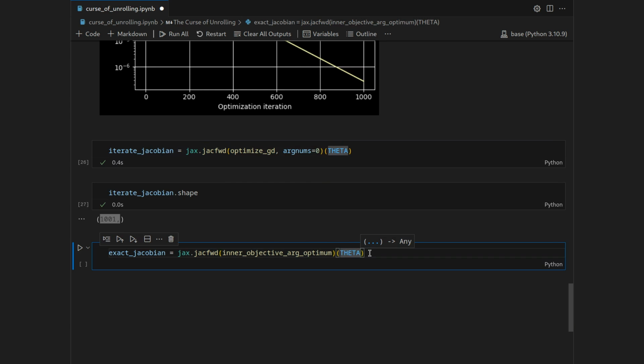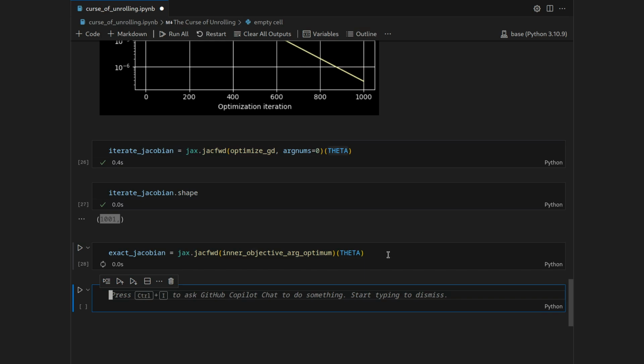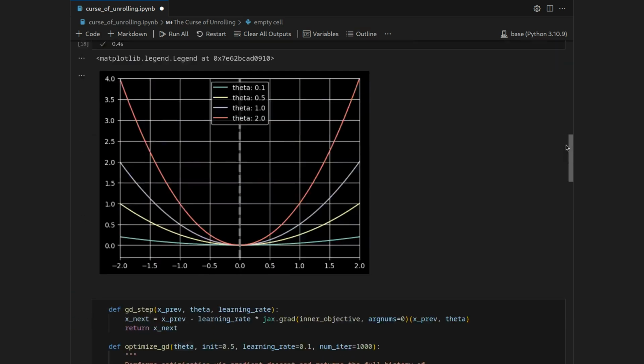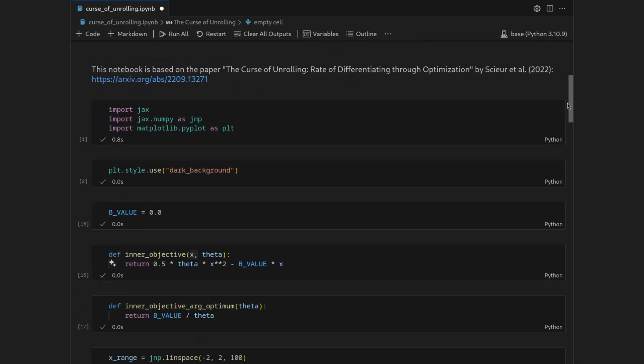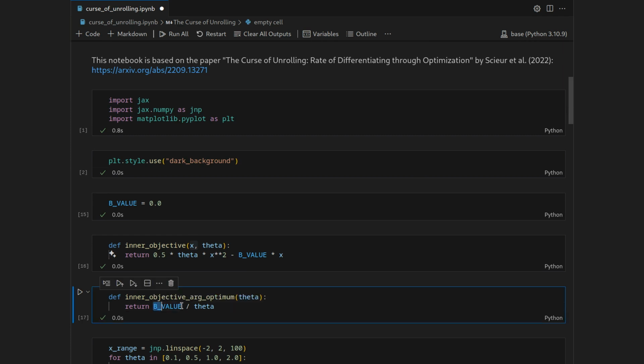So here in this very simple case, we have access to the analytical optimizer, and then of course we can also derive the analytical optimizer, which gives us the exact Jacobian. If we take a look at it, the inner objective is b value divided by theta, and we set b value to 0. And if we derive this with respect to theta, this will also be 0. But of course, in the more general case, if you augment the b value, then you will also get a corresponding Jacobian.